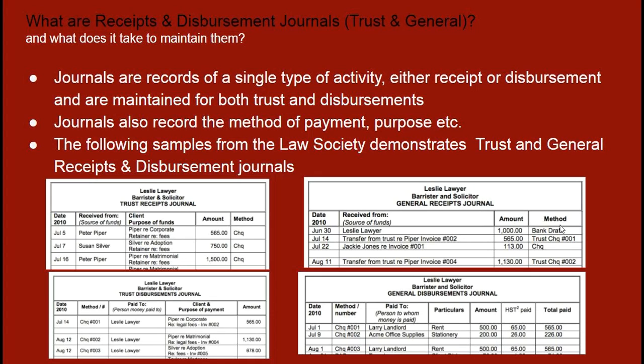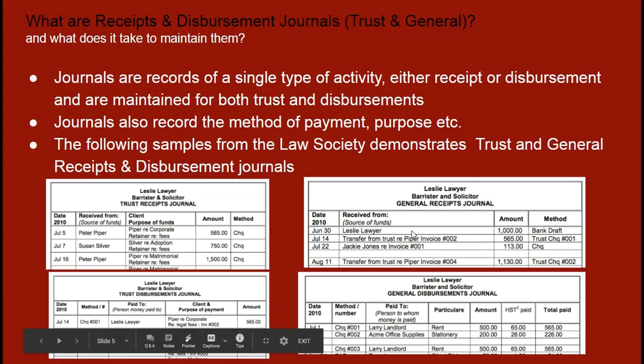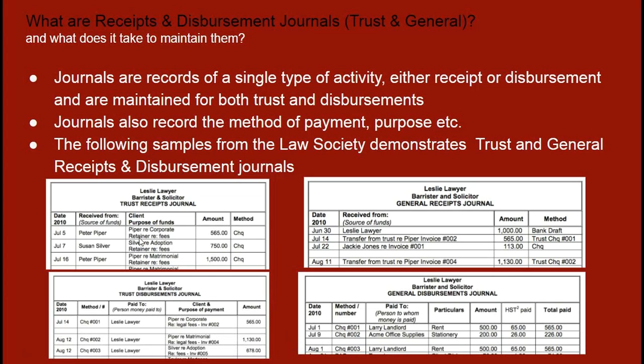The amount and the method. So you can see the difference is that within a general receipt journal, they're not specifically requiring who the client or the purpose of funds were. They just want proof of how it occurred, and proof of the method through which it occurred.